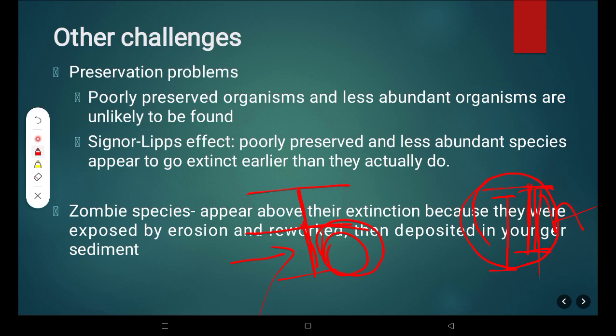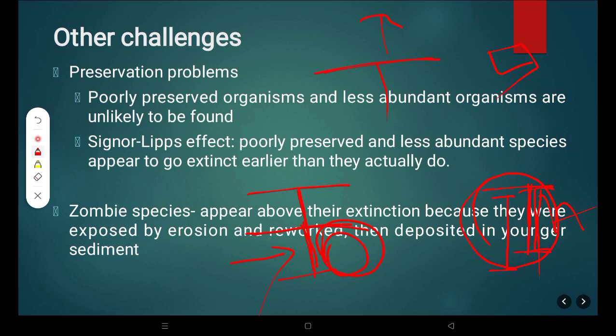The ancient forms have gone extinct much before. Suppose conodonts. Conodonts are found up to the Triassic. After the Triassic, we are not getting conodonts. But suppose one fellow is working on the Cretaceous, and he is getting conodonts.